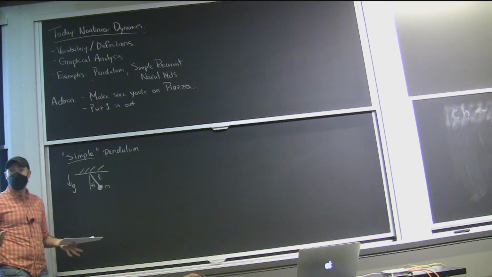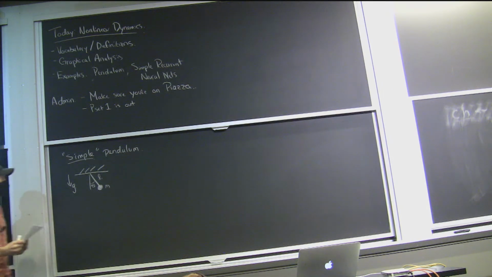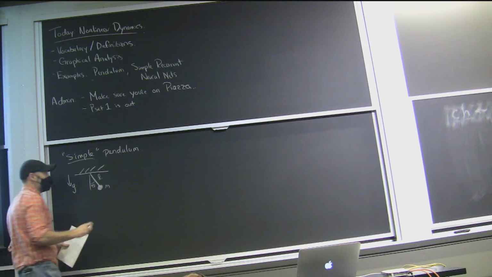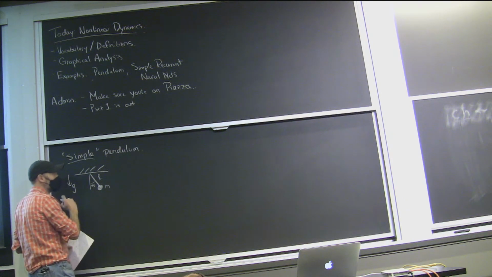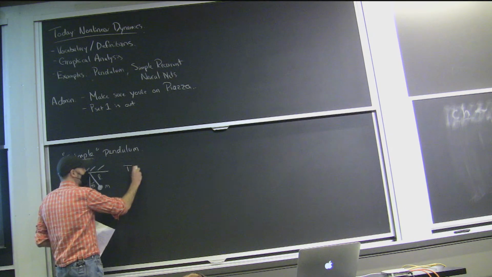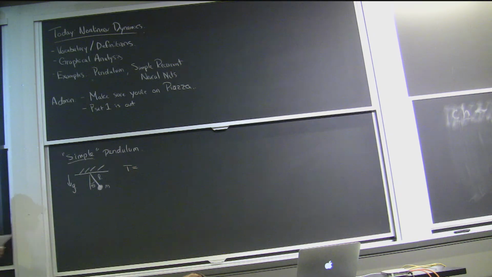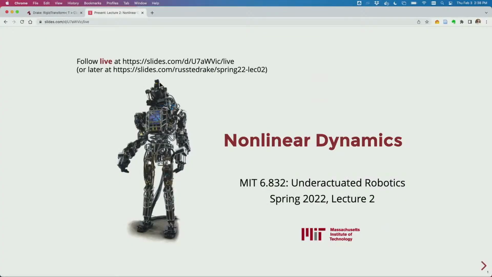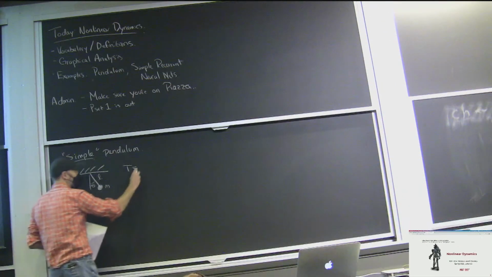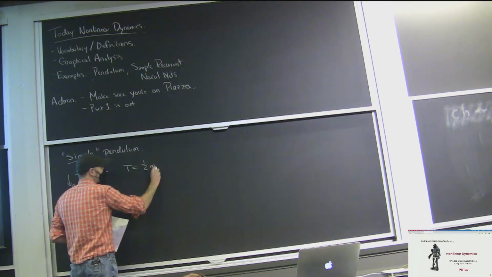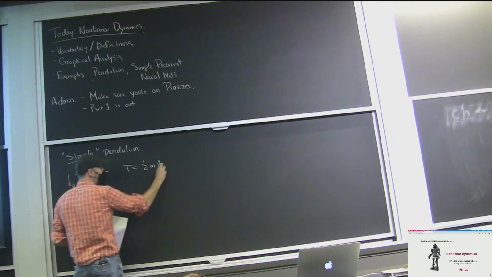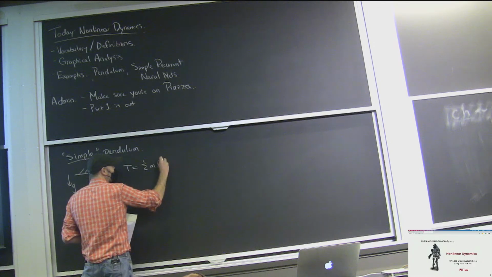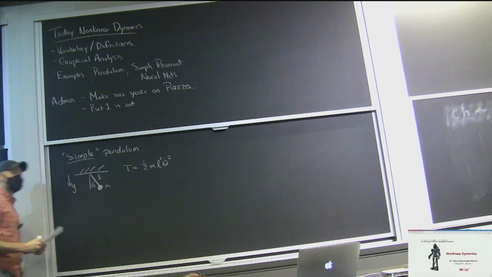The equations of motion are kind of a subset of what we did for the double pendulum, but they follow fairly simply. So if I write the kinetic energy, which we always use T for, it's just 1/2 mv squared. Turns out in the kinematics, the v is L theta dot, so T is m/2 L squared theta dot squared.